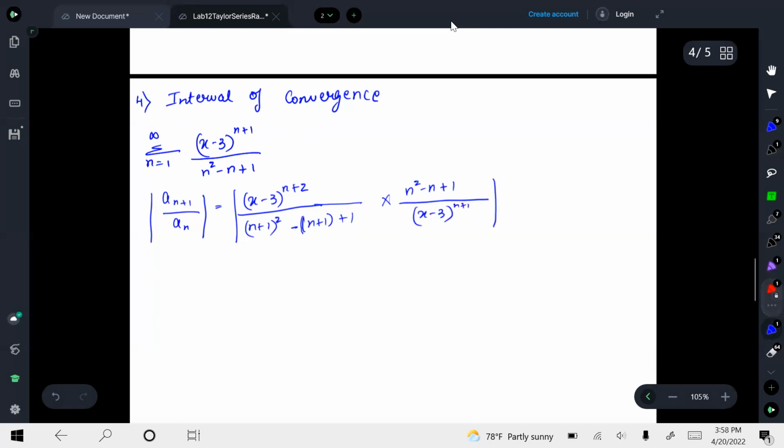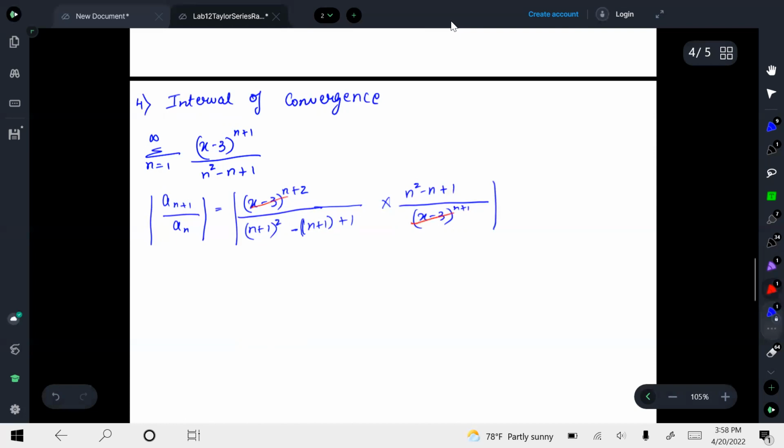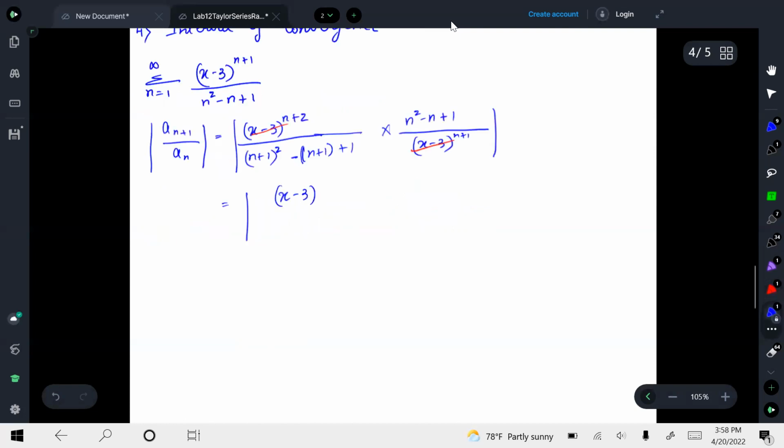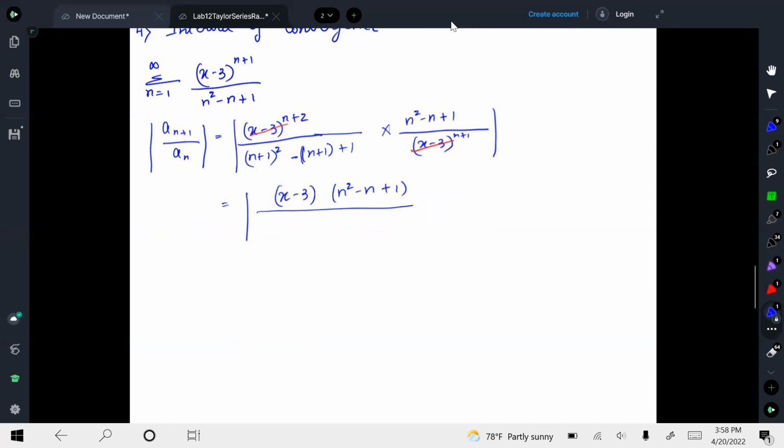Now you can actually cancel these two, x minus 3 and x minus 3, and then the remaining term is x minus 3 to the power of 1. And you have n squared minus n plus 1. If you simplify the denominator, you get (n plus 1) the whole squared minus n.